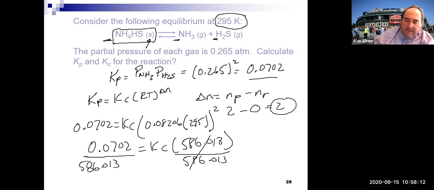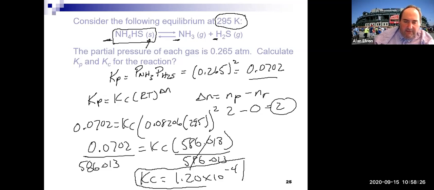Those guys will cancel, and we will end up with a KC value of 1.20 times 10 to the minus 4, looks like. Do a little scientific notation there. Question on that calculation there.